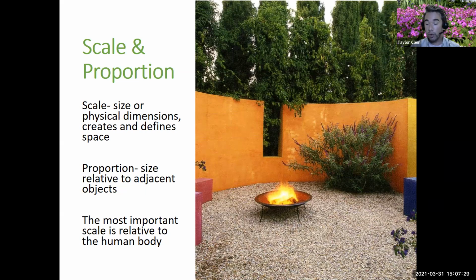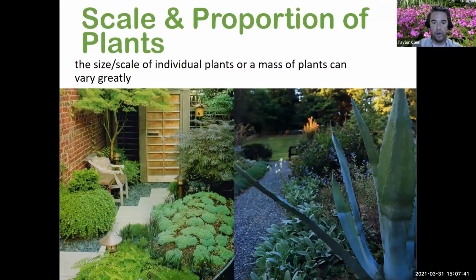But typically when we're talking about scale in landscape and garden design, we're putting it into the scale of the human being, because that's who's going to be using it. Looking at scale and proportion in plants, the size and scale of individual plants or a mass of plants can vary greatly.